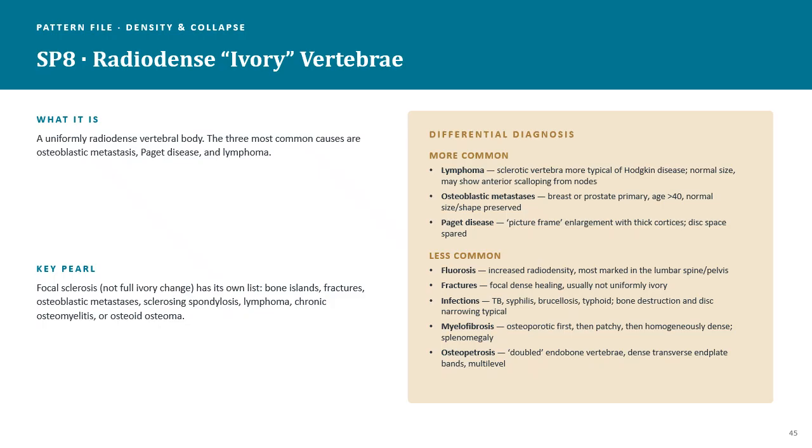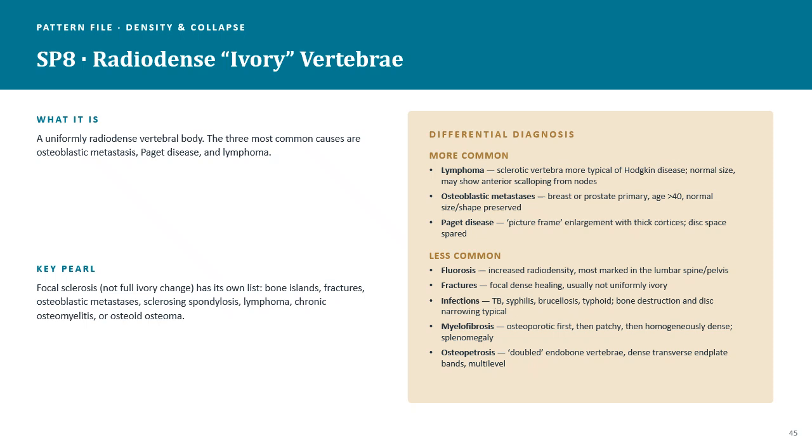Another condition is Paget's disease, and that can make the vertebrae look more dense. It often also causes the vertebrae to become a lot larger and thickened around the edges. So remember that picture frame vertebrae appearance. Around the edges, it's a lot thicker. With lymphoma, typically we're talking about Hodgkin's lymphoma.